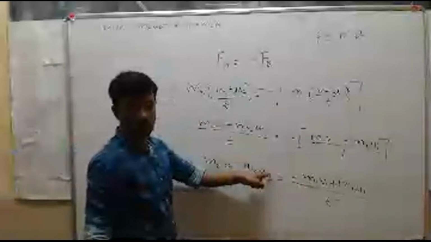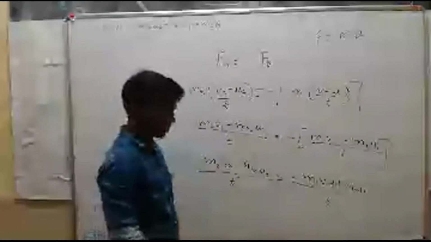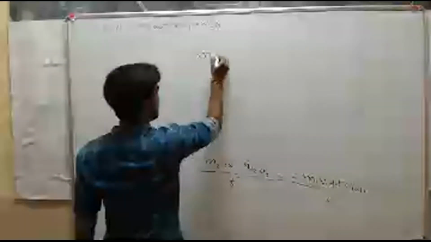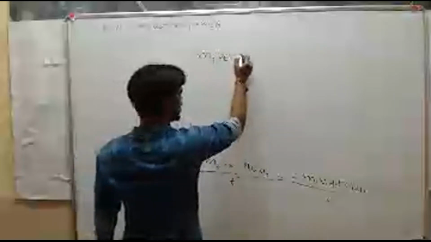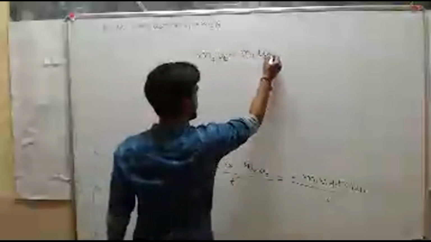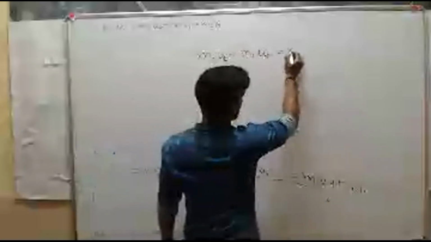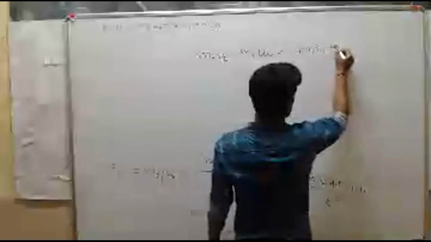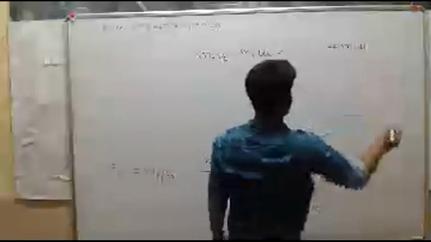If you bring it to the other side, it goes to the numerator, so that's why t gets cancelled. Okay, next step: m2 v2 minus m2 u2 is equal to minus m1 v1 plus m1 u1.